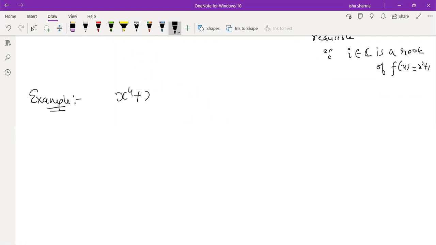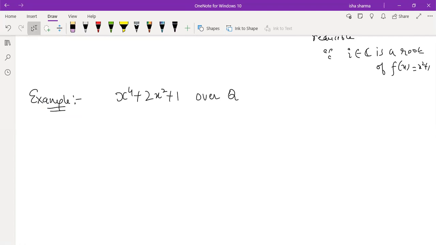Say you take x raised to power 4 plus 2x square plus 1 over Q. For this I have not done any test yet, so we will just test it by the definition only. Can you tell me whether this is reducible or irreducible over Q? Can you factorize it? Can you write it as a product of two lower degree polynomials?